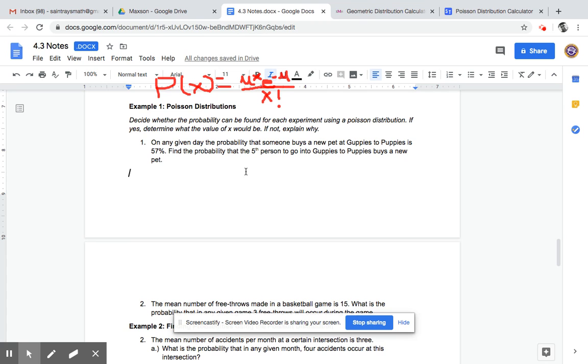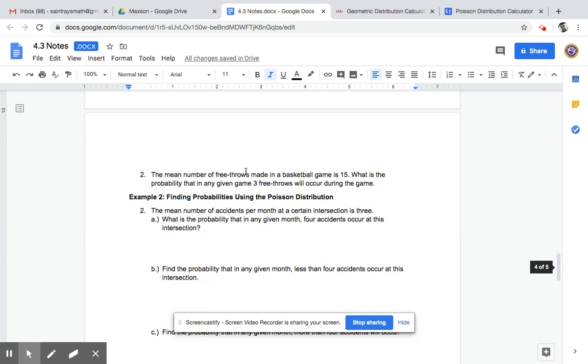So this one is not Poisson, and it is because there is no interval. So this could go on forever. It doesn't say that you are just looking at it in a month span, a week span, a day span. It literally is just saying the fifth person that goes into Guppies to Puppies finds a new puppy. So there's no interval to go off of.